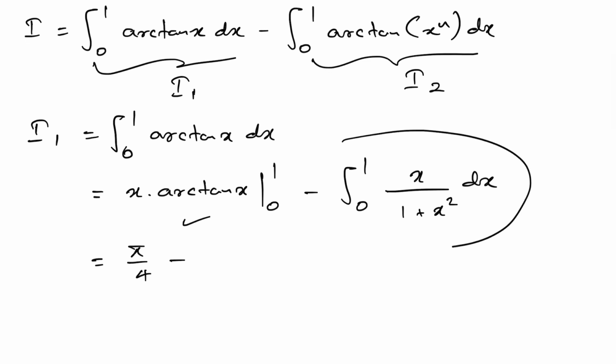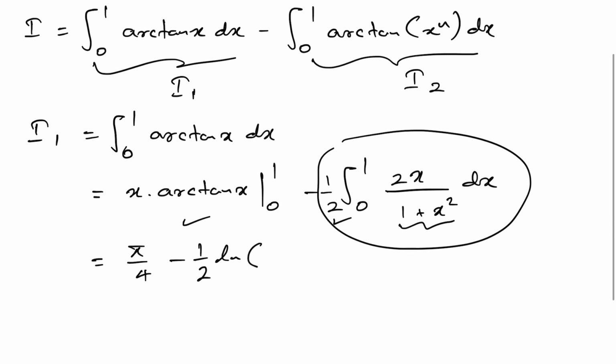Now how to evaluate this integral? In the denominator we have 1 plus x squared. If we differentiate the denominator, we have 2 times x, so I write a 2 here and we should write 1 half. Then the derivative of the denominator is in the numerator, so we have natural log of 1 plus x squared from 0 to 1.